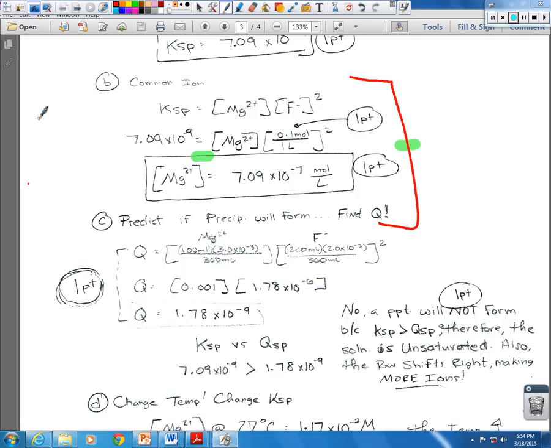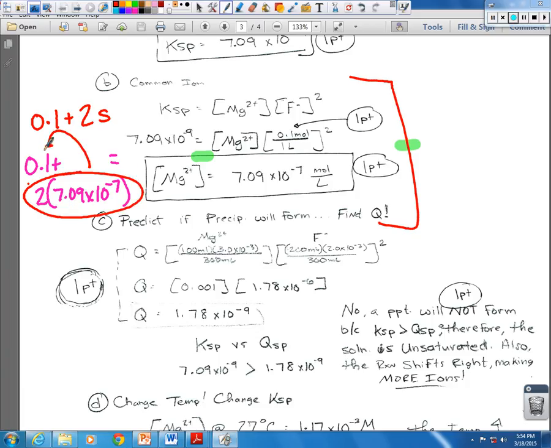So if I take 0.1 plus 2S, and I want to know what that is equal to, you with me? 0.1 plus 2 times 7.09 times 10 to the negative 7. Is this number going to be so small that when you add it to 0.1, it changes that 0.1 hardly at all? Because that number is so small. So that's why you can cancel it, because it's negligible, which means it's not going to affect your answer.